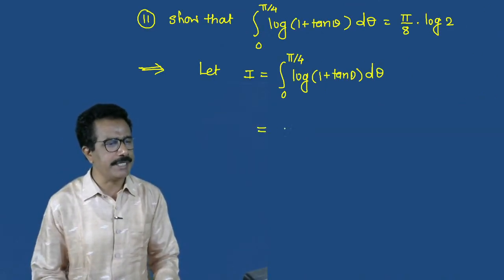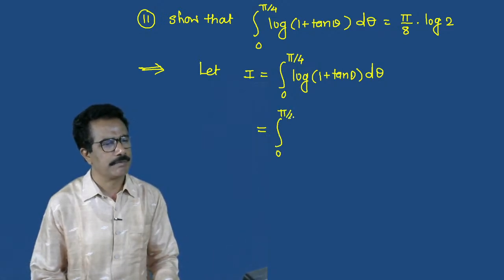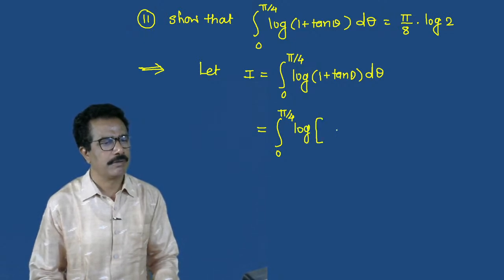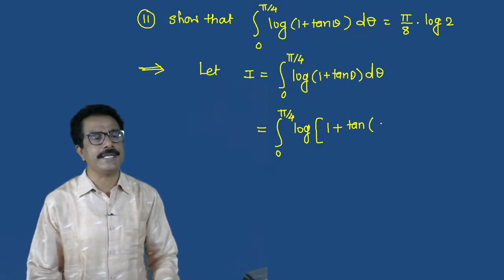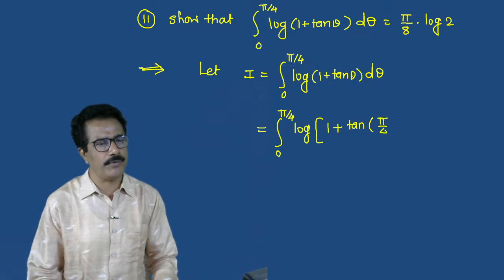So we can write the integral from 0 to pi by 4 of log of 1 plus tan of a minus x, meaning pi by 4 minus x, where x means theta, d theta.